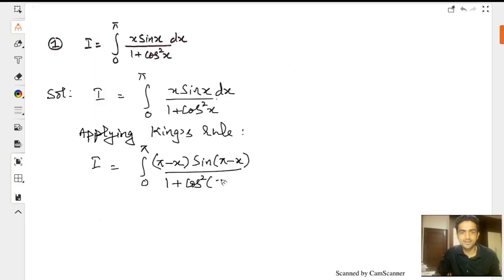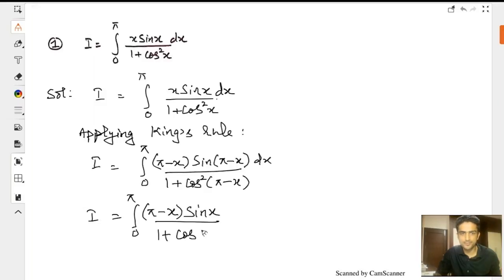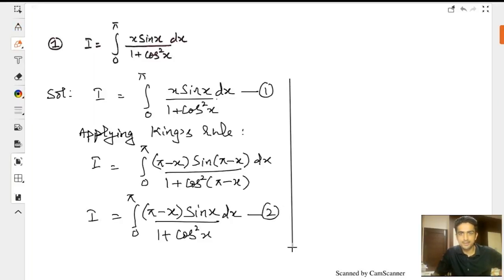So if you see, this term simplifies to (pi minus x) sin x upon 1 plus cos square x. Let me call this as 1 and this as 2. This is I, and this is again I, but after applying property.